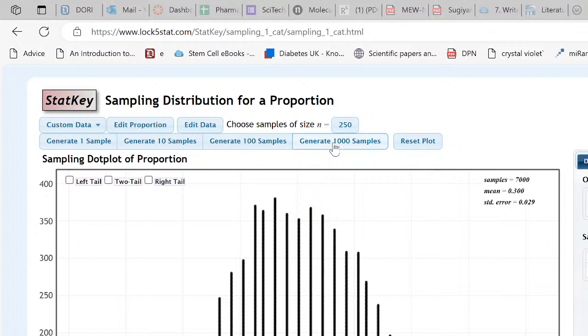Again, the population size is at least 10 times the sample size. For this one, np is at least 10, and n times 1 minus p is at least 10. So that's our baggage.